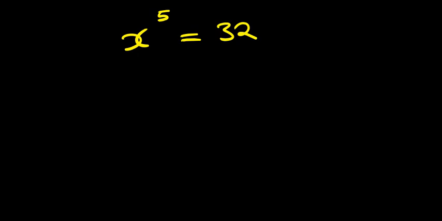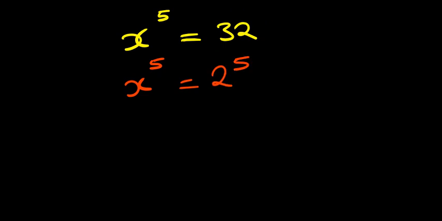Maybe you're just going to be given 1 mark, but you have to really solve. So in this case I'm going to have x to the power 5 is equal to 32. 32 is just the same as 2 to the power 5.